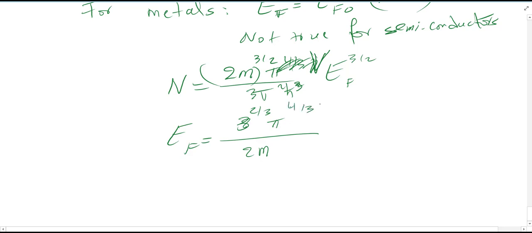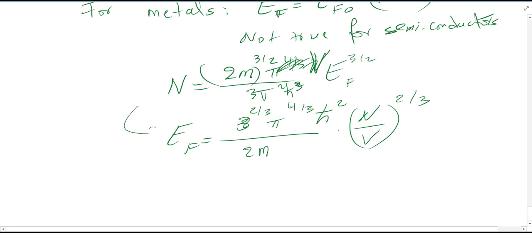And now you have h bar squared, because you have h bar to the power 3 times 2/3, times n over V to the power 2/3.